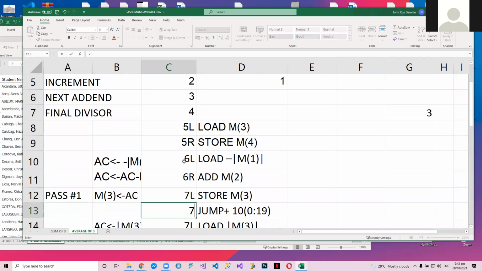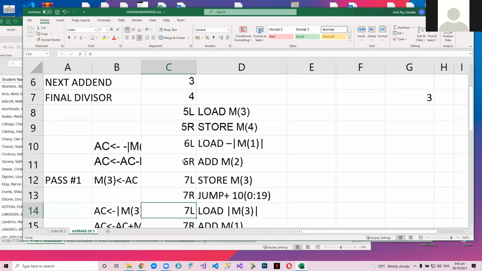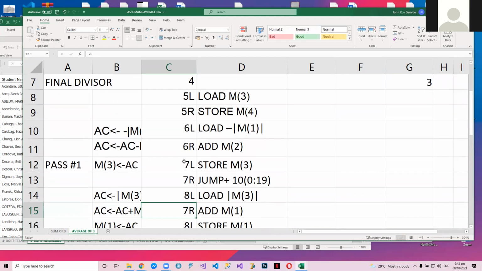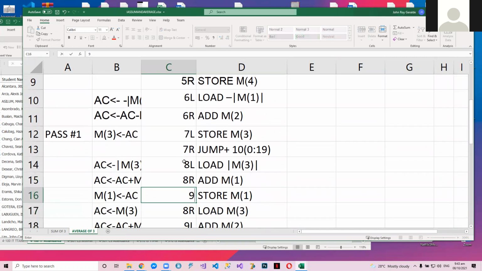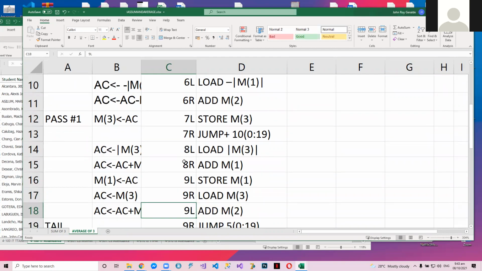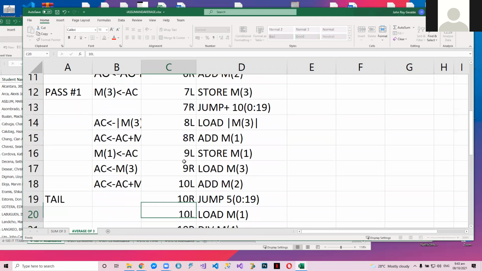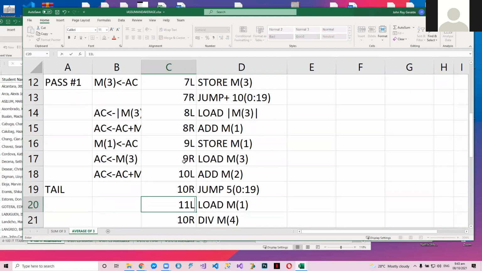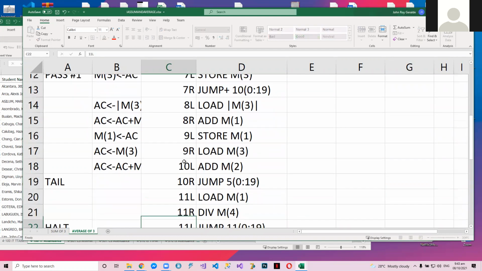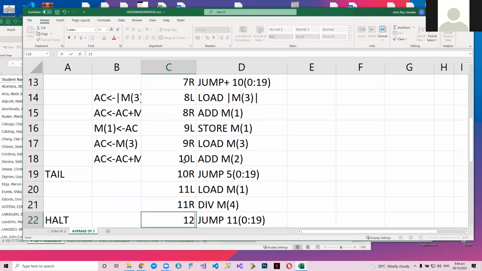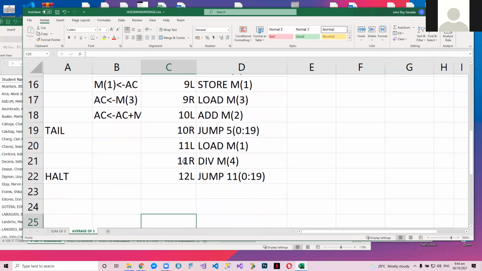Okay. 7R. This is 8L. 8R. This is 9L. 9R. 10L. 10R. 11L. 11R. 12L. We'll erase the rest.